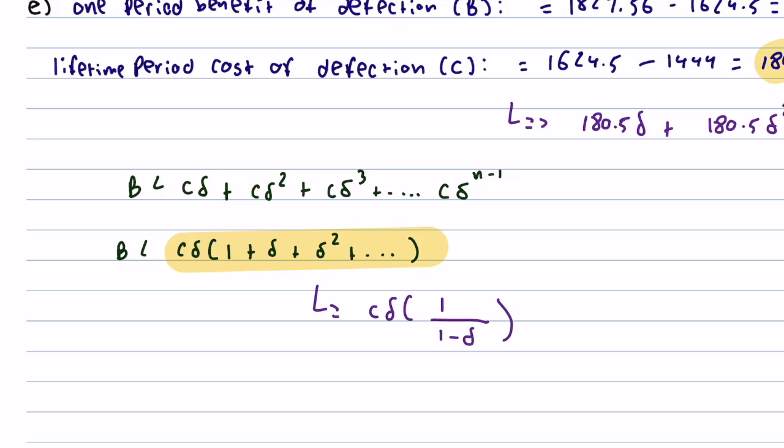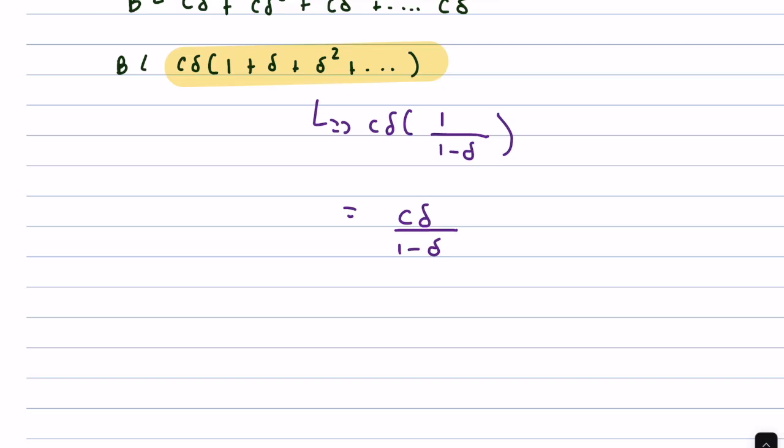So this is equal to cost delta over 1 minus delta. Boom. So we have everything set up. We know for collusion to be sustainable, the benefit must be less than the cost times the discount factor divided by 1 minus the discount factor.